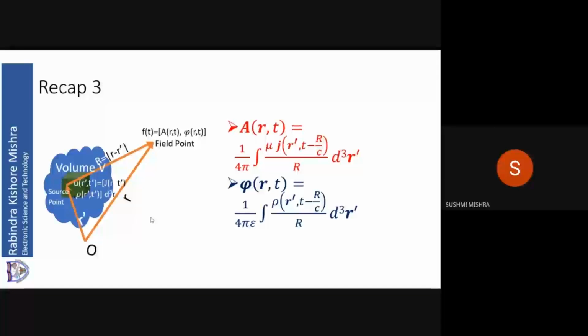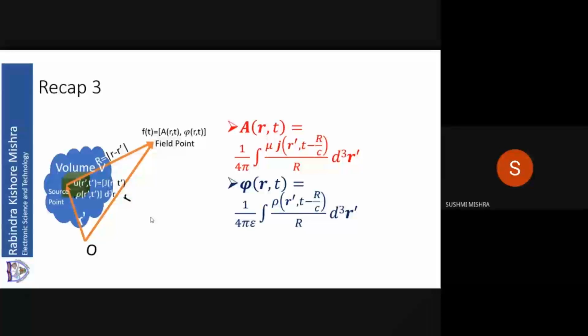If that happens, then there is a finite time difference between the occurrence of the disturbance and its observation at the observation point. Because of that, we define something called retarded potential. So this A and phi we call retarded potentials.